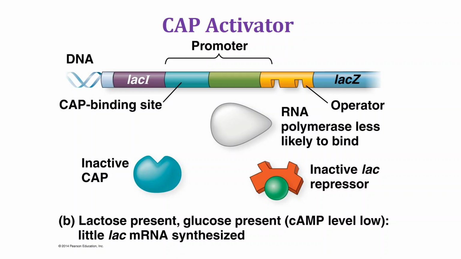It's going to have some features which allow it to act as a site where CAP will bind, some features which will allow RNA polymerase to recognize it, and some features or parts of the sequence which will allow LacI to bind. When looking at different parts from an iGEM collection, different BioBricks, often these sequence elements will be defined and characterized, and you can mix and match and combine them together as needed.